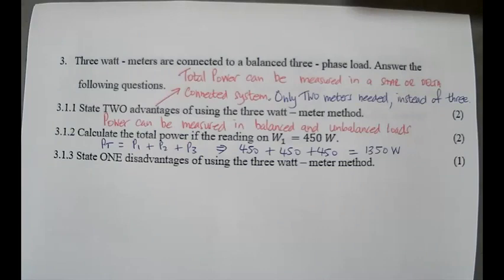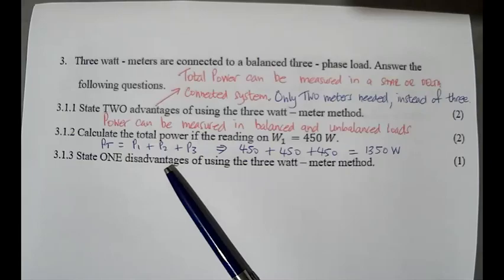State 1 disadvantage of using a 3 wattmeter method. Notice it says 1 disadvantage, and it's the 3 wattmeter method here, not 2 wattmeter. Please note in 3.1.1 that was supposed to be the 2 wattmeter method.